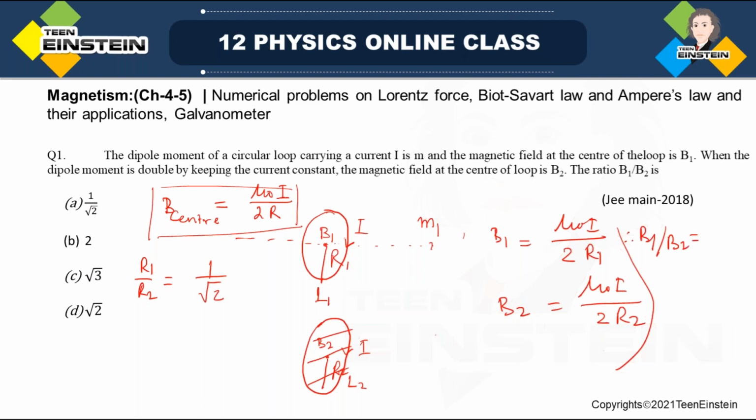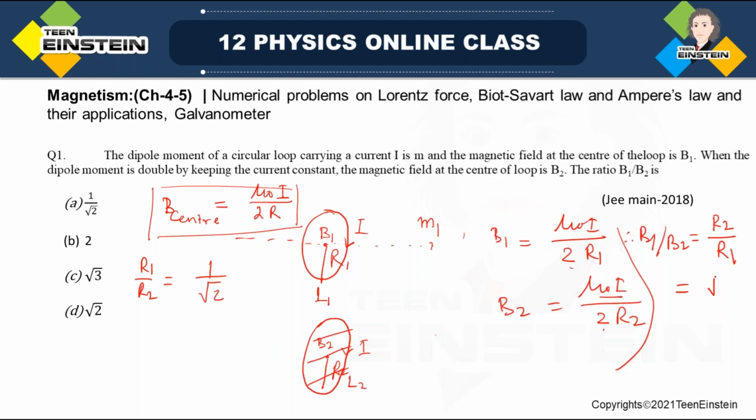The rest of the things will go off because all are constant: mu0 I is constant, and 2 is constant. So if I take the ratio, I'll get r2 by r1. Here we have got the ratio r2 by r1 to be root over 2. So this is actually the answer.